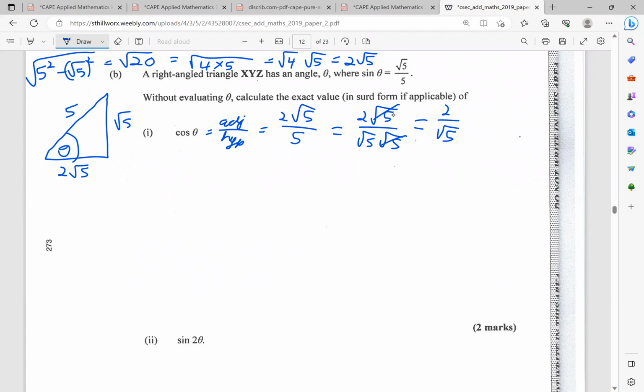Sine 2 theta is 2, or let's write it out then.